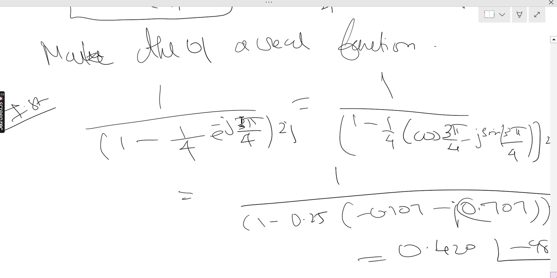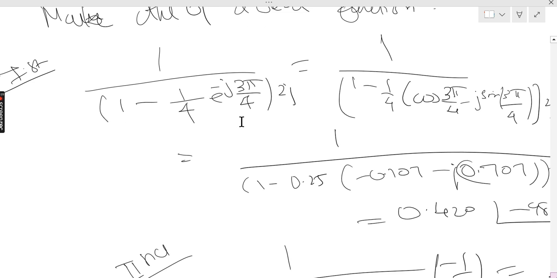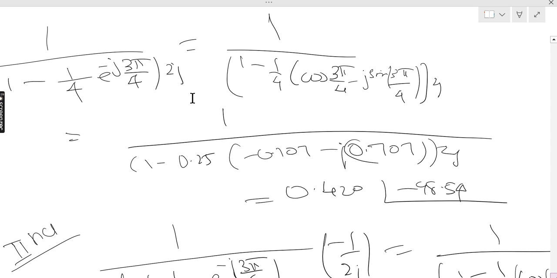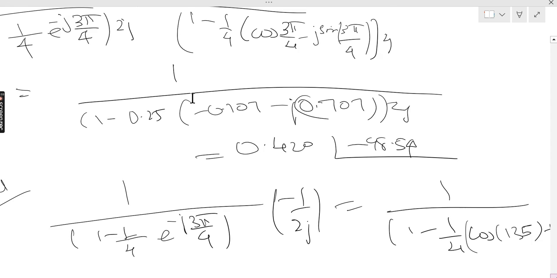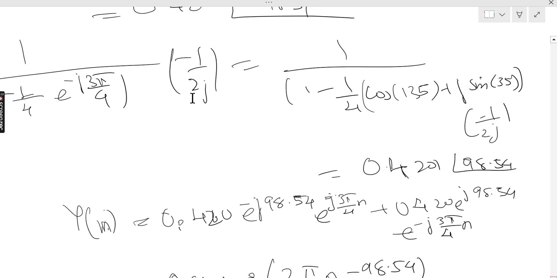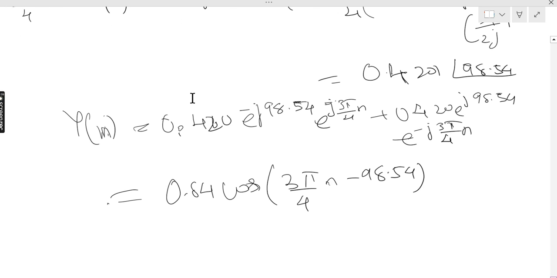Make the operation function 1 by 1 minus 1 by 4. We take this and get the value, and further simplify it.